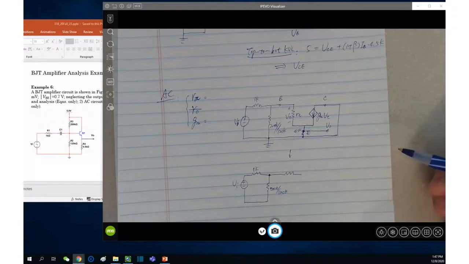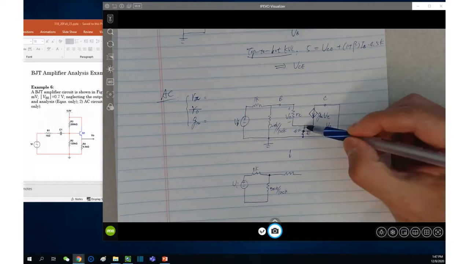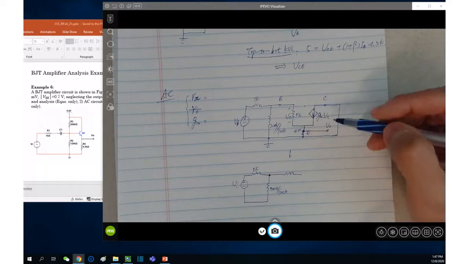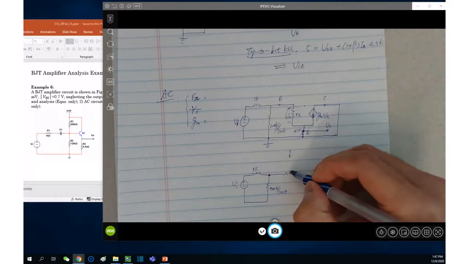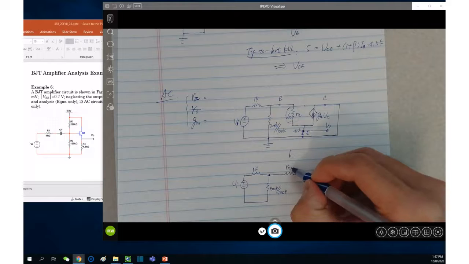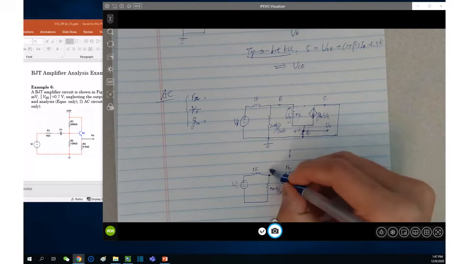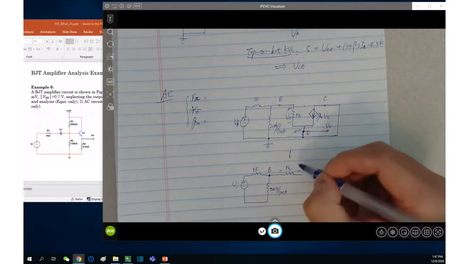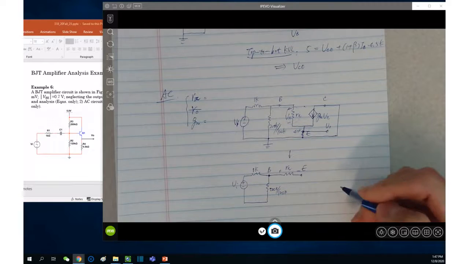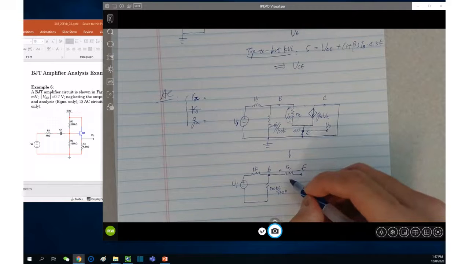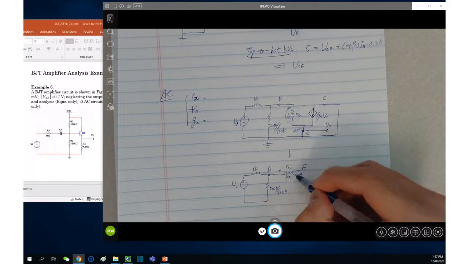But I'm dragging the emitter up and then making the R pi lay down horizontally. In the meantime, realizing this is the base, and here is the emitter. V pi in the middle.